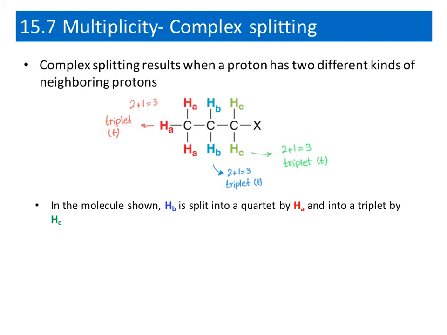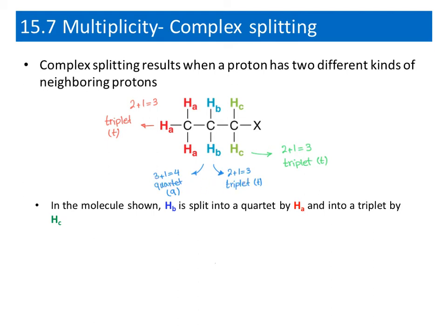And to look at the influence of Ha's on Hb, 3 plus 1, we have a quartet. So Hb is split into a quartet by Ha's. Now, in order to define the final multiplicity for Hb, we need to combine these two together.